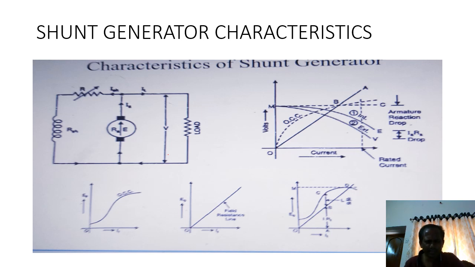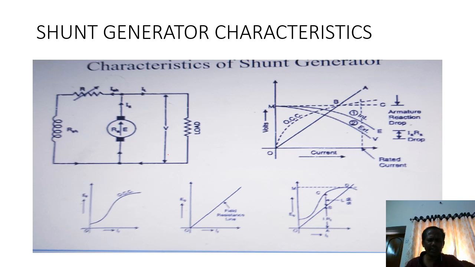So here there are two components in the armature. Ra is the armature resistance, and E is the EMF induced in the armature, which carries the current. Ia is the armature current, which is divided into two parts: one is the shunt field current and the other is the load current.